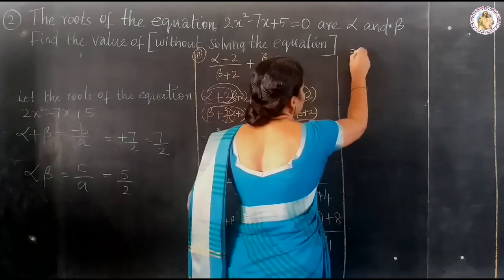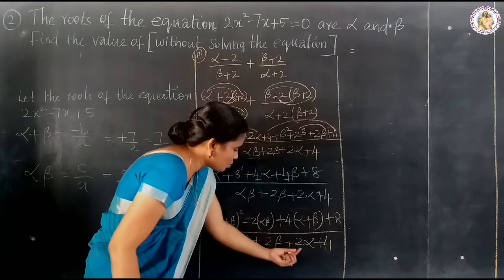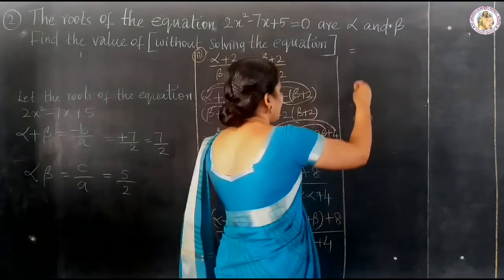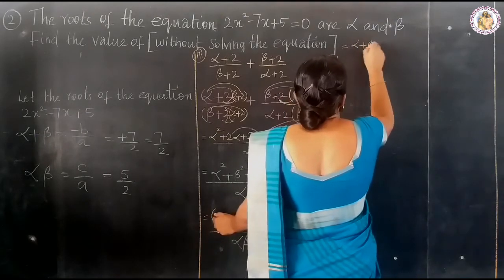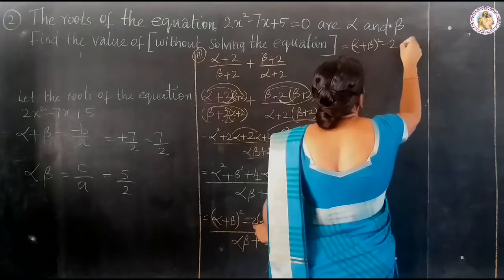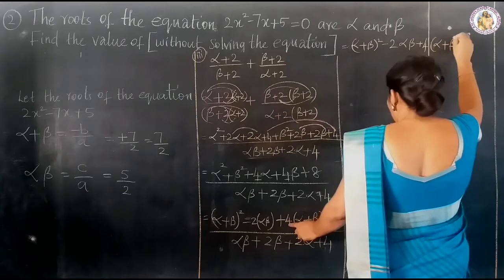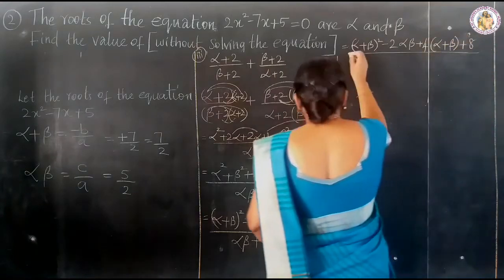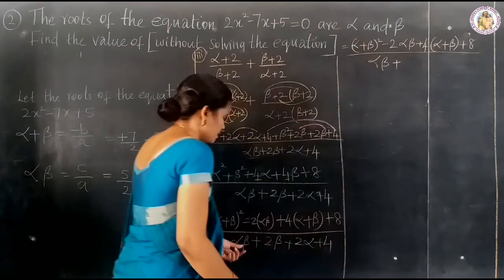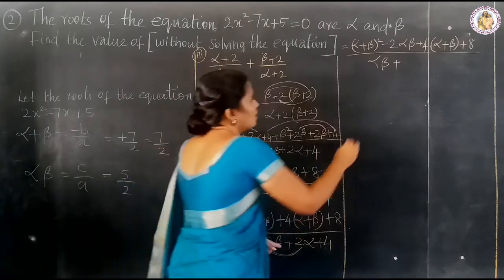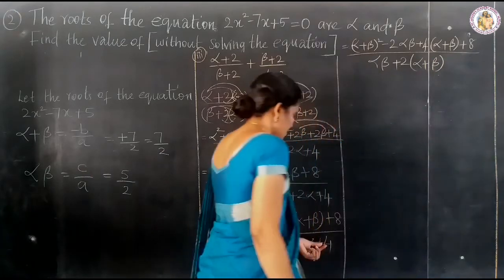Now again you can see in the denominator we have 2 beta plus 2 alpha, so together you can write it as alpha plus beta whole square minus 2 alpha beta plus 4 times alpha plus beta plus 8, divided by alpha beta plus, with 2 common, 2 times alpha plus beta, plus 4.